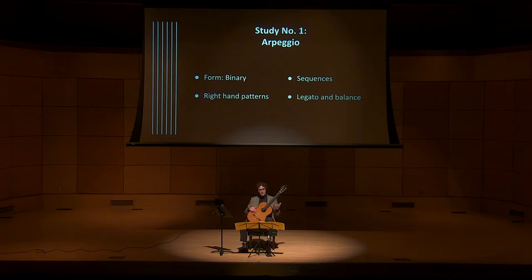This piece also demonstrates one of the composer's favorite compositional devices, which is to use a chord shape and transpose it on the fingerboard. So for example, there's a passage in the B section where that is very noticeable. And he's going to move that down the fingerboard.